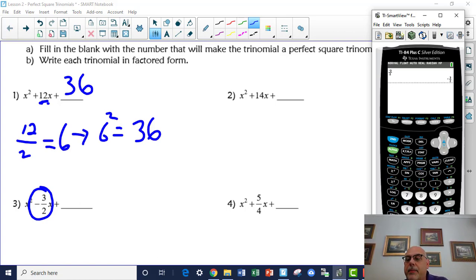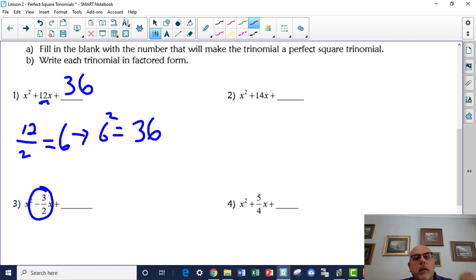Now we have to divide that by 2, and you get negative 3/4, and we're going to square it, and you get 9 over 16. So if you've got a middle term that's a fraction, like you have it here again on number 4, all right, that's how you handle it. You put it in the calculator. So you take the middle term, divide by 2, then square it.